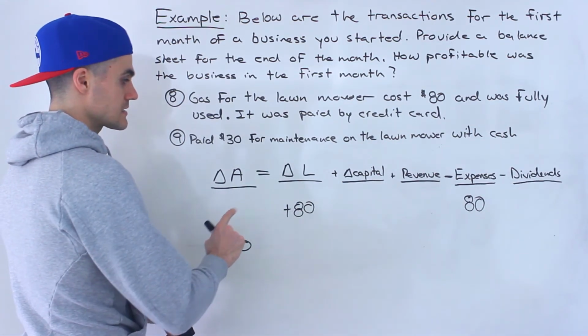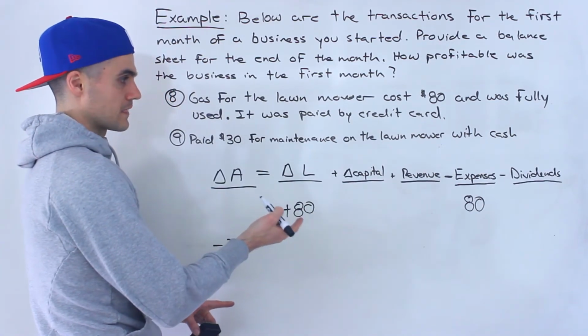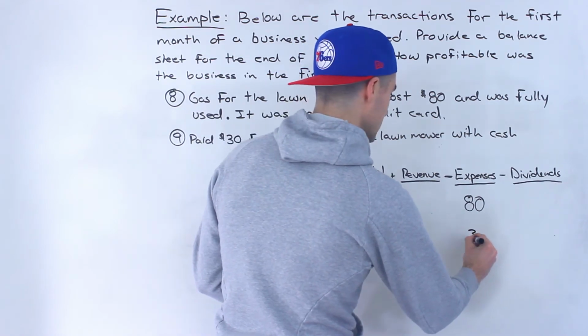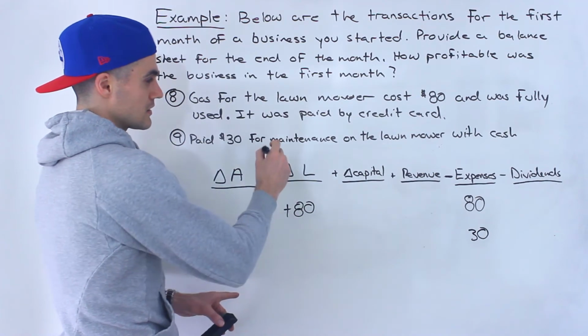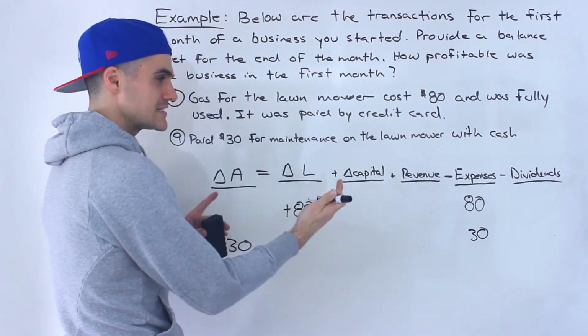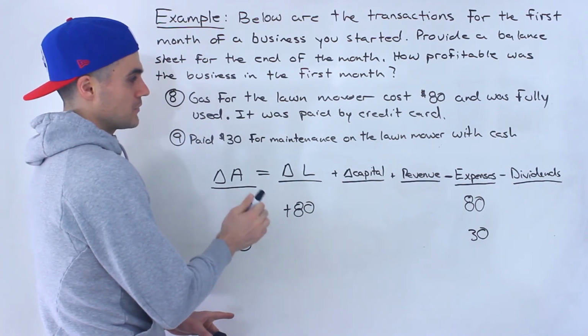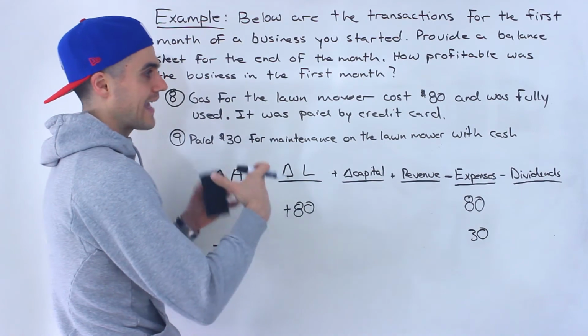Now, is maintenance an asset or is it an expense? It's an expense. In future chapters, maintenance can potentially be capitalized as an asset, but it would have to be something like enhancing the asset.